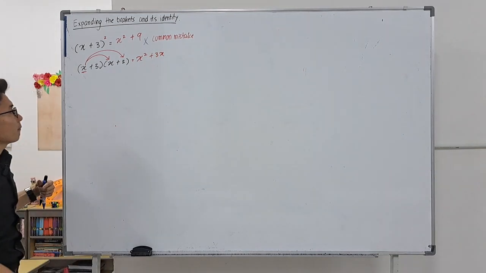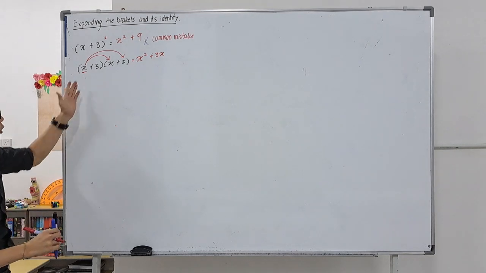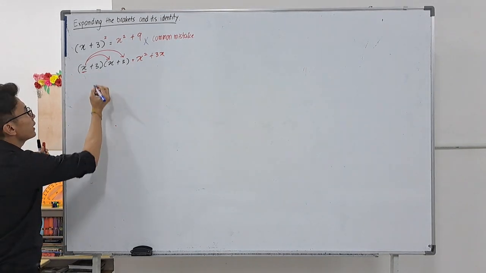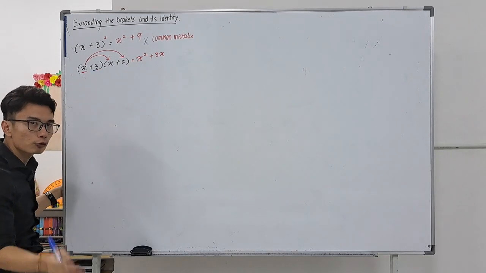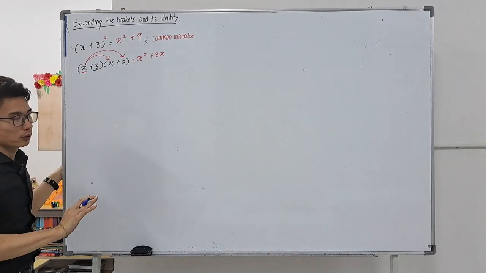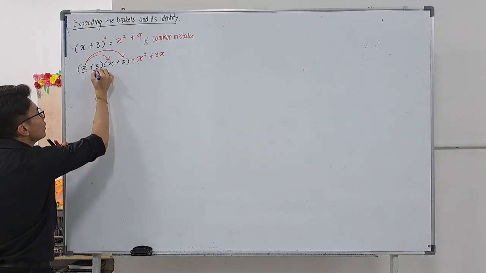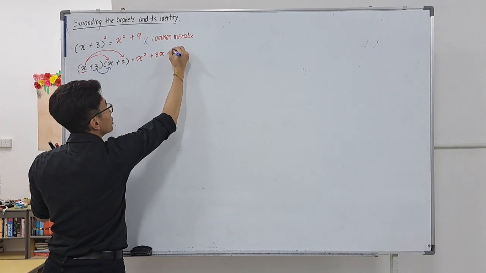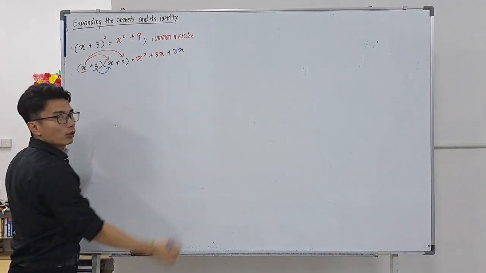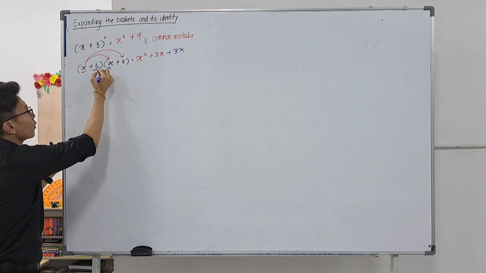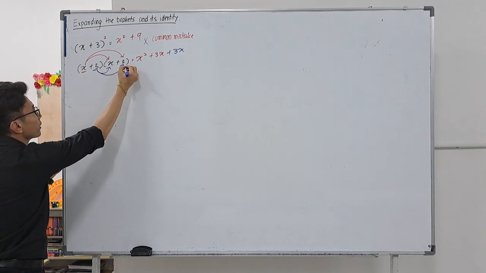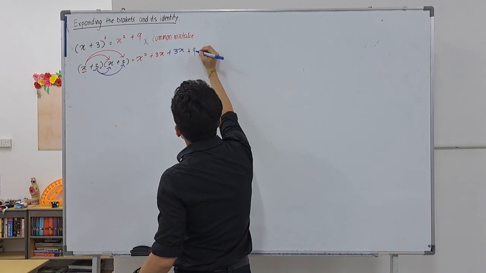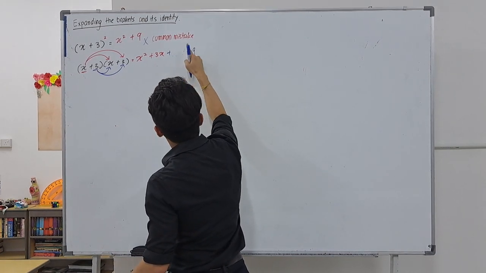But I'm not done yet because there's another term which I have to multiply. So I multiply with this one, and that will give me another 3x. And finally, there's one more, I will multiply here, and that will give me 9.